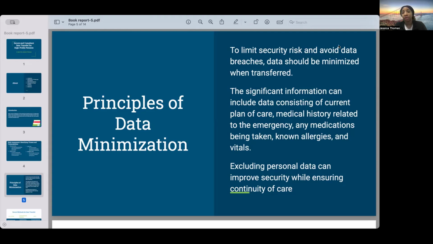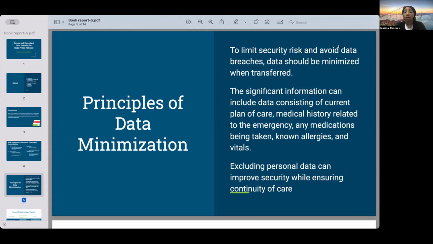The significant information that can be included consists of the current plan of care, their treatment details, any medical history related to the emergency, any medications that they are currently taking, any known allergies that could impact their care, and also their vital signs. You can also add any emergency contact information and any requirements for their immediate care.